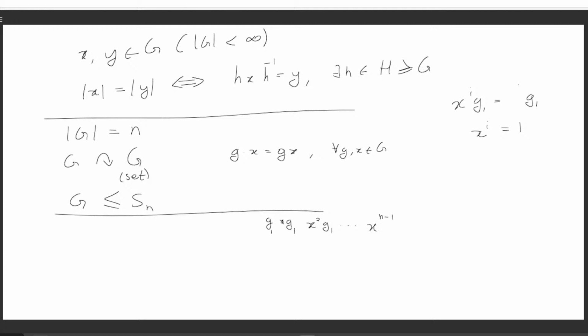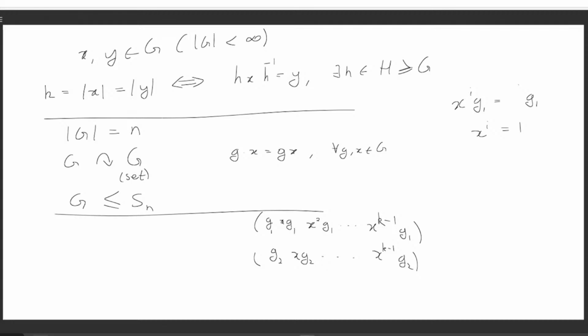So this is one cycle. If any element is left out, call it g2. g2 will have the same cycle, right? Same length. So all the cycles will have the same length.